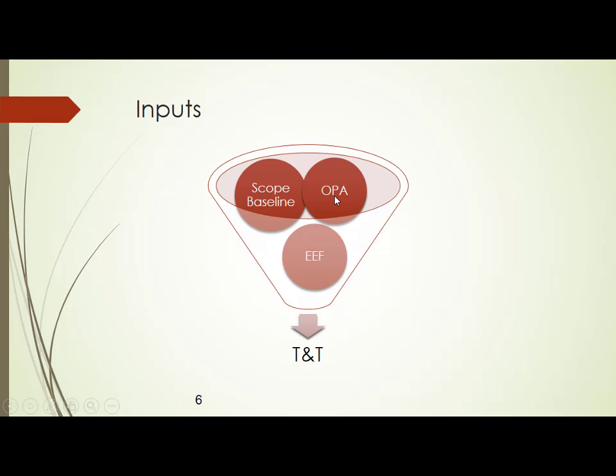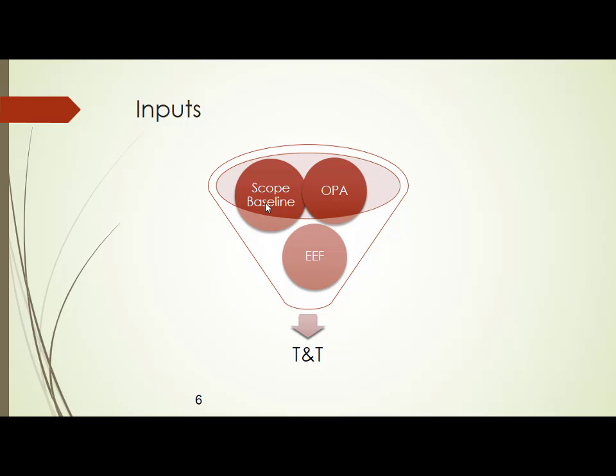So now what are the inputs for define activities? First of all, you should have a scope baseline. We know what a scope baseline is. We saw it in the last class. Scope baseline is nothing but work breakdown structure plus project scope statement plus work breakdown structure dictionary. All the 3 things put together become a scope baseline.